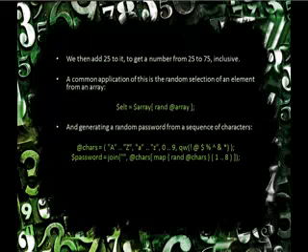We then add 25 to it to get a number from 25 to 75 inclusive. A common application of this is the random selection of an element from an array and generating a random password from a sequence of characters.